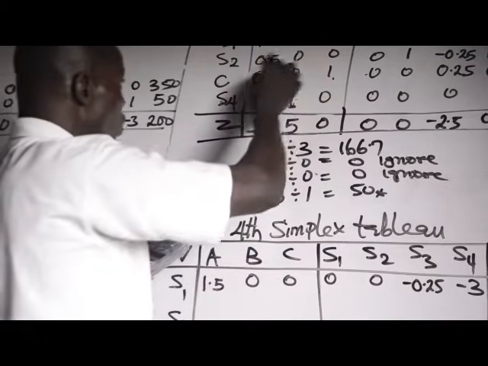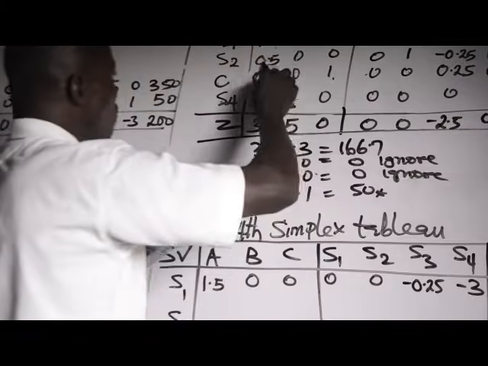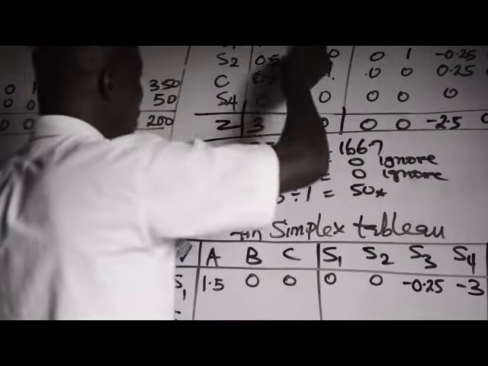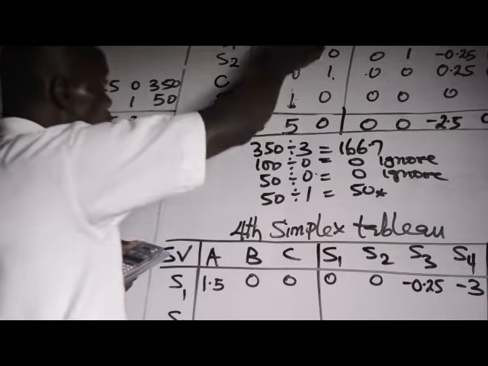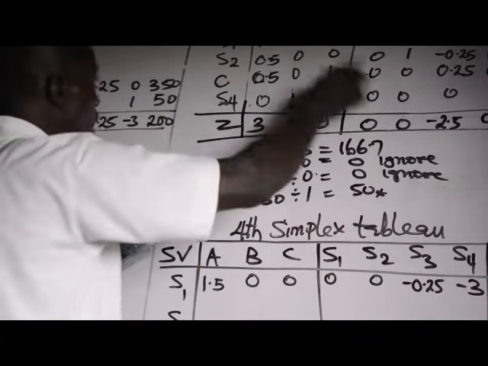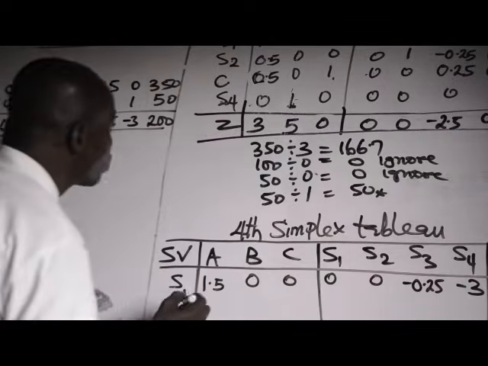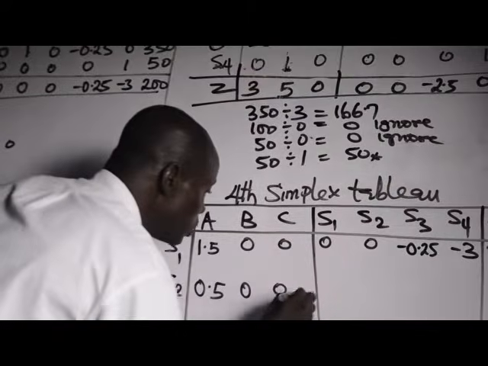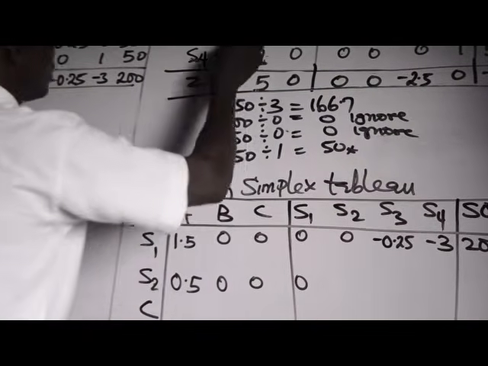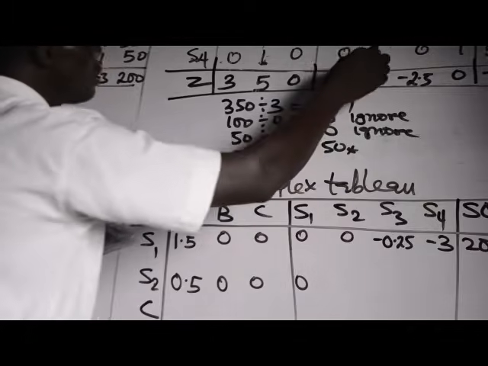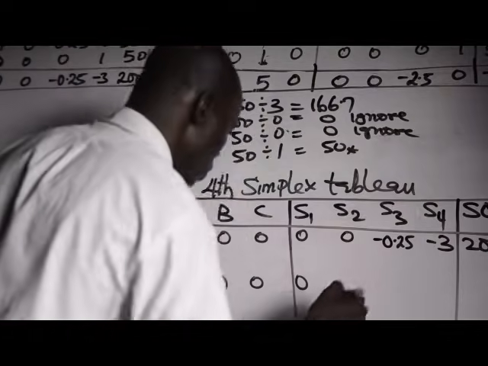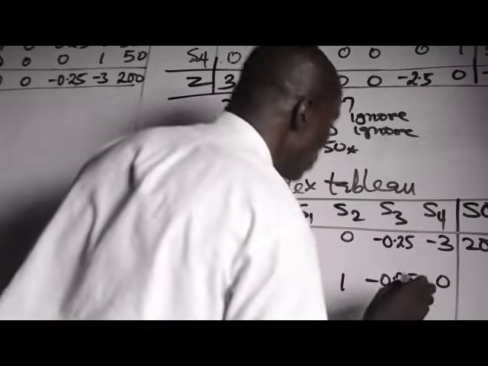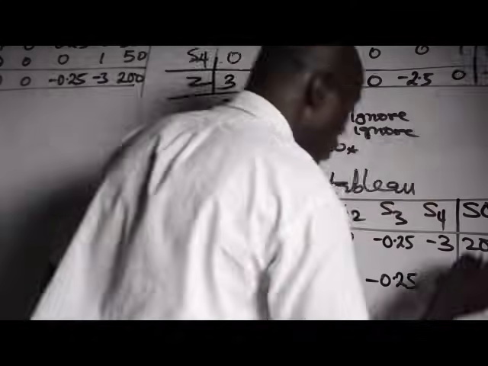No need of subtraction, so just put the number there. Remember, our target is to turn everything within this column to 0. Since this is 0, just put that value directly. So S2 now will be 0.5, 0, 0, 0, 1, minus 0.25, 0, and then we have 100.